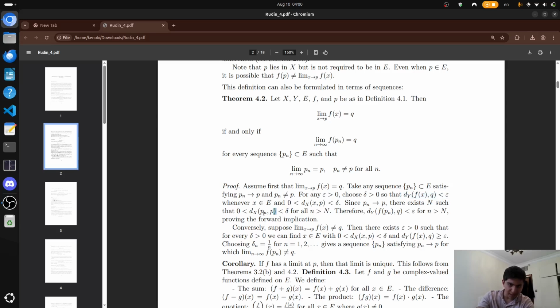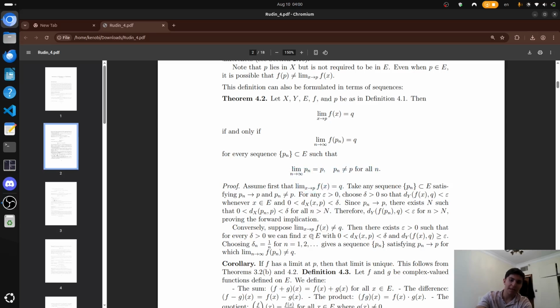And if it lies in this neighborhood and it's related to this neighborhood, then taking the function of p of n will make sure that it lies in this neighborhood. So basically, you're evaluating Pn at f to get it into this neighborhood, right? And you're going to get dy f of p of n q is less than epsilon for all n greater than n, which proves that when the limit goes to q, the sequences go to p.